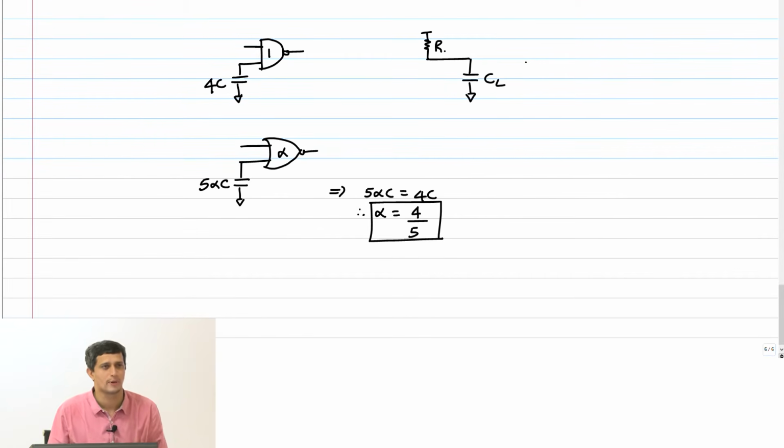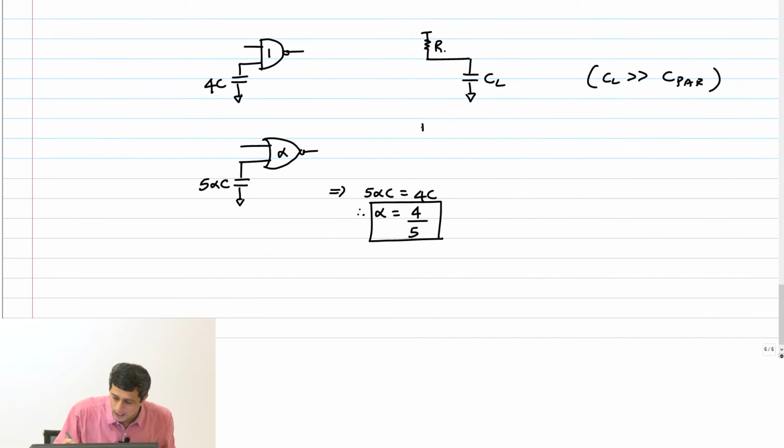We will not worry about the parasitic, it's a constant number. So the delay because of the NAND gate is R into CL, right? This is my delay of the DUT.